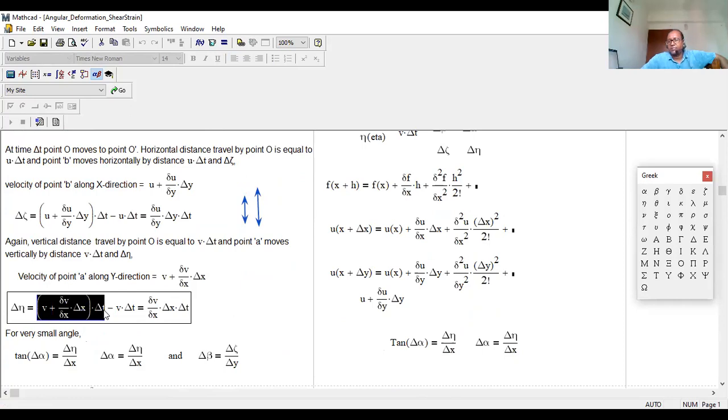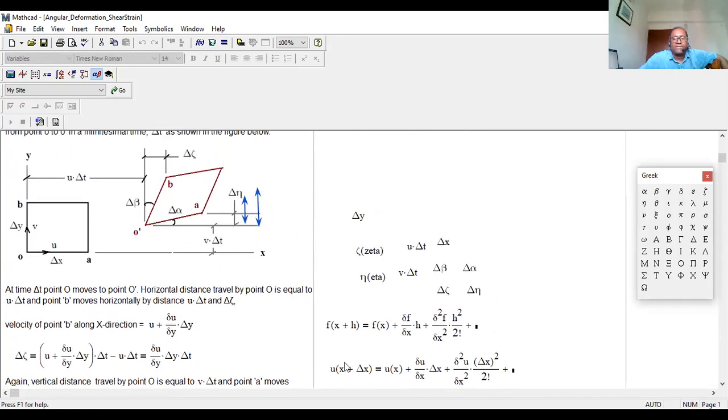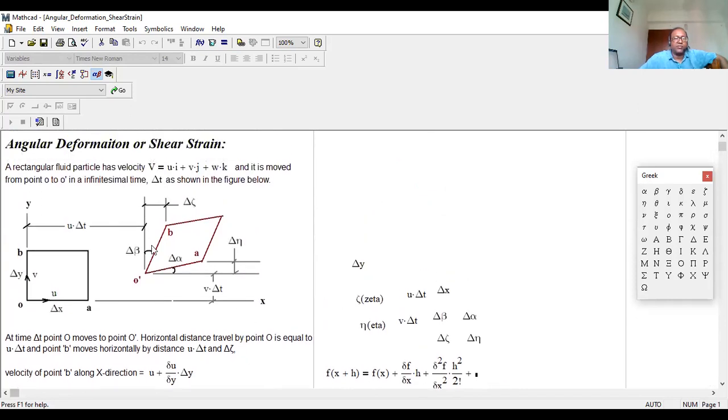times delta t, minus distance traveled by point O. So you are getting this one. Okay. So what is our intention? Angular deformation. We try to figure out this angle, del beta, and also this del alpha.